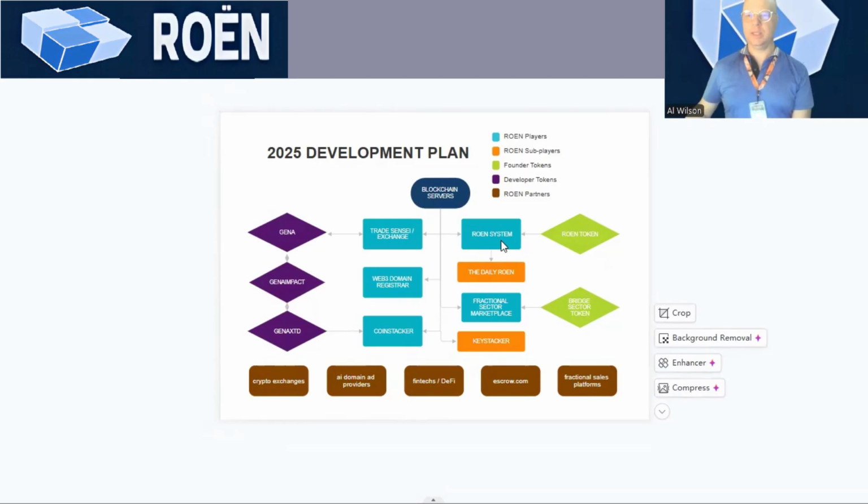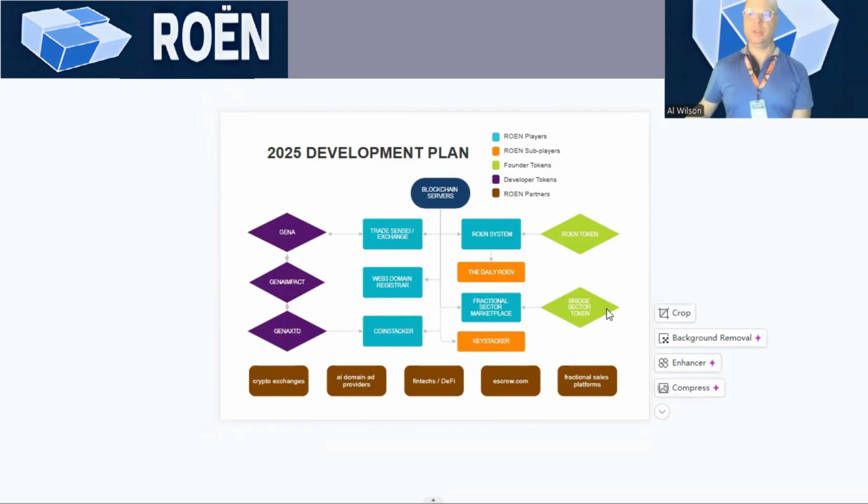The Roën system is connected to its constituent blockchain dApps, and also to our developer application, the Trader Sensei Exchange, utilizing the Gina token. And this is one of the alternate tokens that the platform will use to promote ecosystem diversity. And it will be tradable on CoinStacker, which is linked to the CoinStacker technologies and the fractional sector marketplace, or Stack Vault.